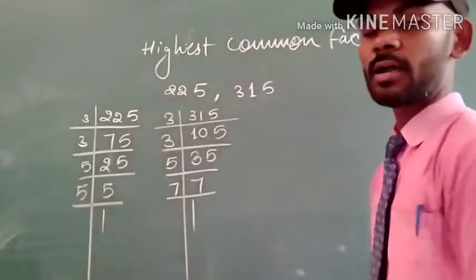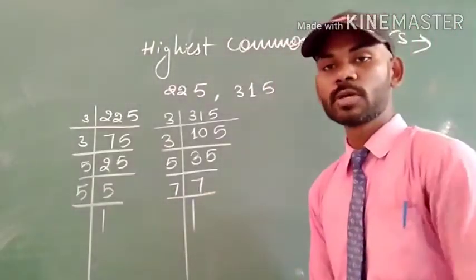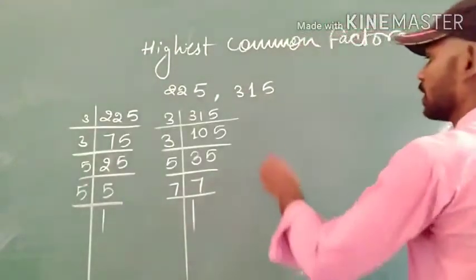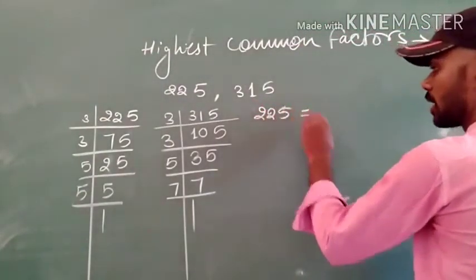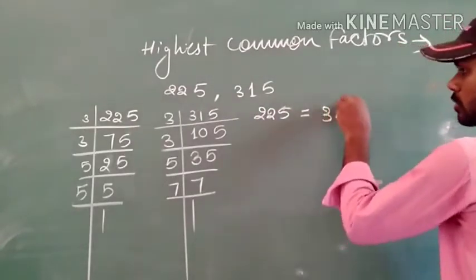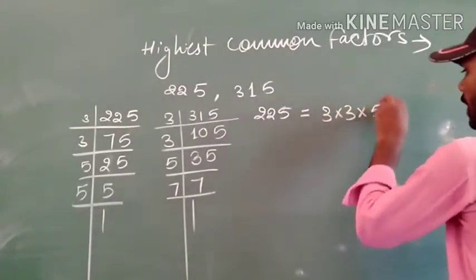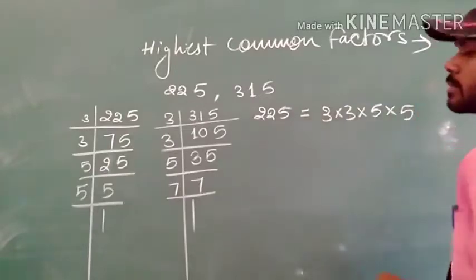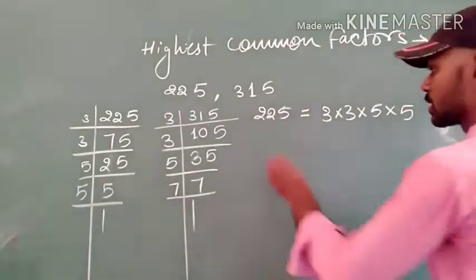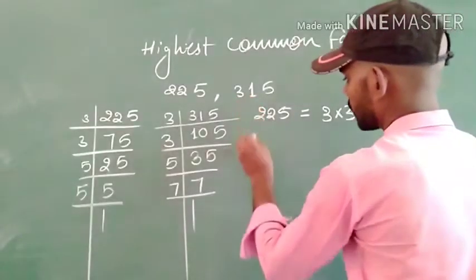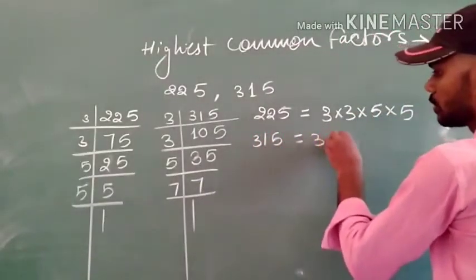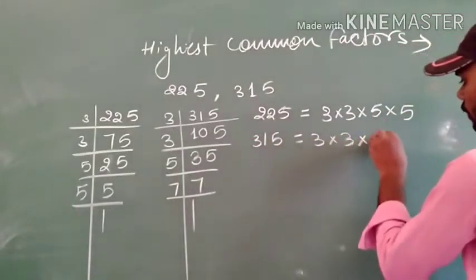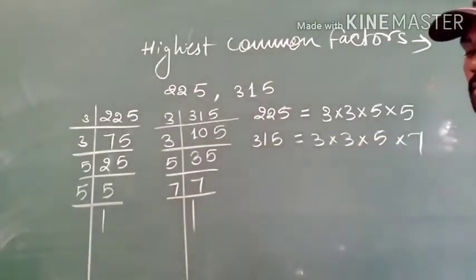Now write down all the prime factors of these two numbers in product form like this. The prime factors of 225 are 3 into 3 into 5 into 5, and the prime factors of 315 are 3 into 3 into 5 into 7.